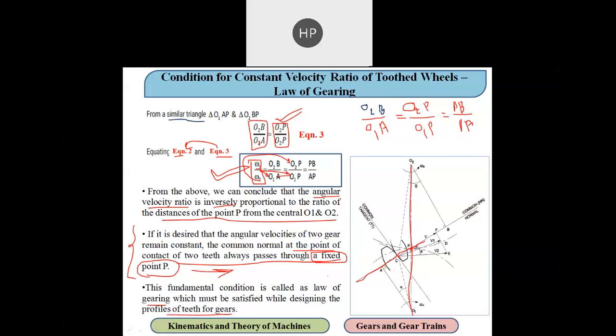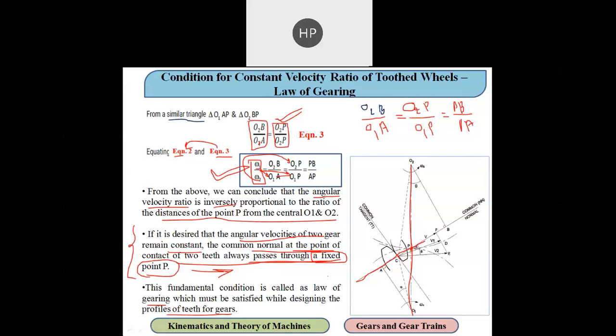It means that if the angular velocity of two gears is to remain constant, the common normal at the point of contact between the two teeth must pass through a fixed point, which is the pitch point. That is the law of gearing, and it is very important to design the gear.